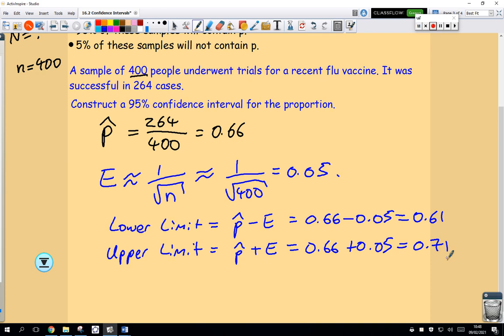So my 95% confidence interval for the proportion is, well, it starts at 0.61 and it finishes at 0.71. Okay, so that's my 95% confidence interval for the proportion.